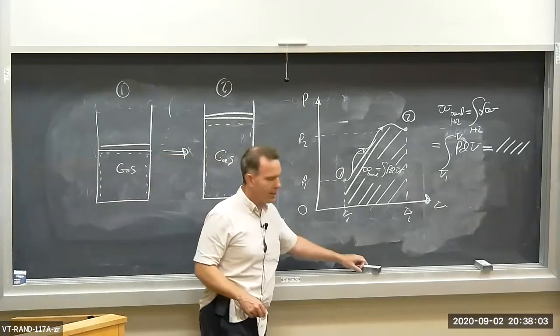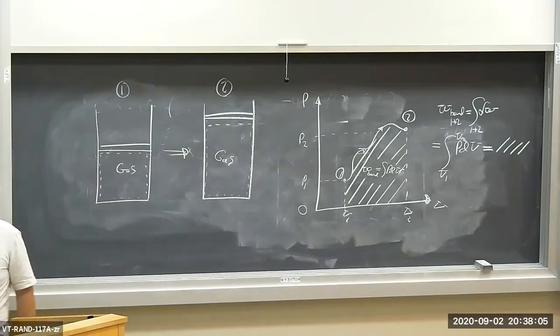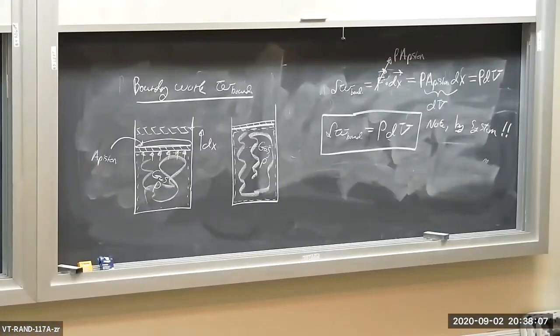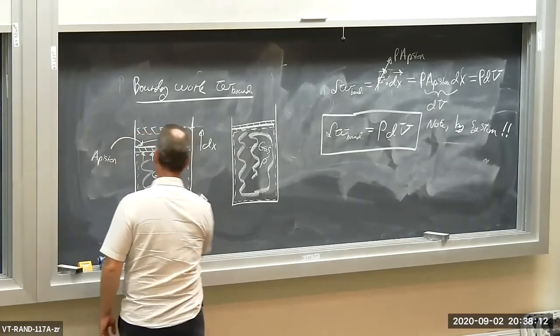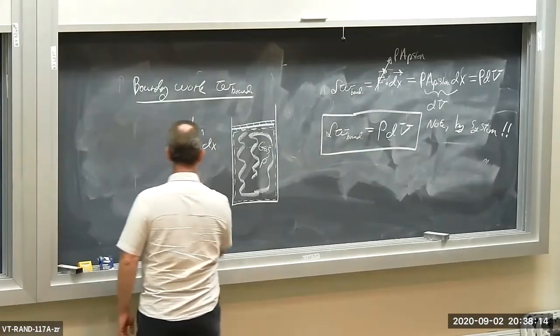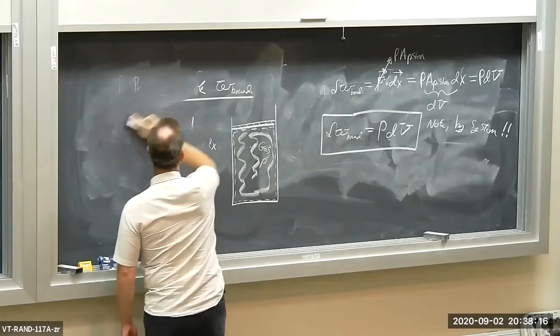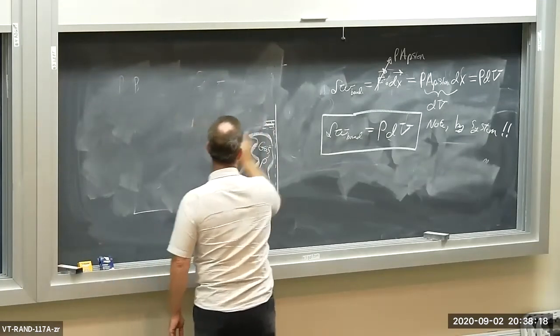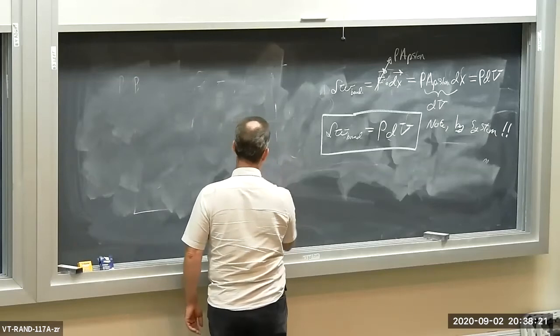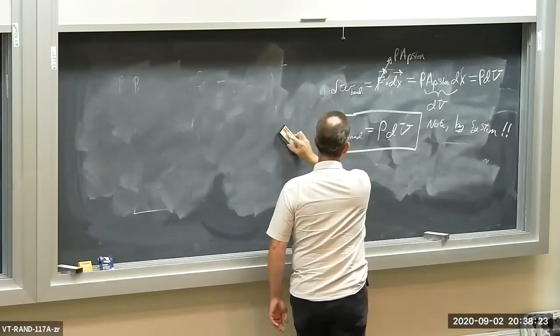Maybe we should do a few quick examples here. Let's say I have a system that goes from state 1 to state 2. I'll show you the path on a PV diagram, and we can determine which one involved more work being done by the system.